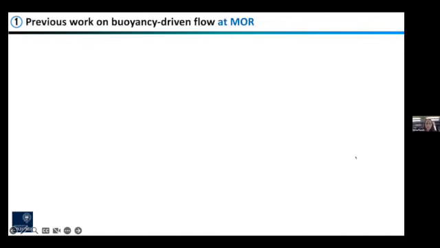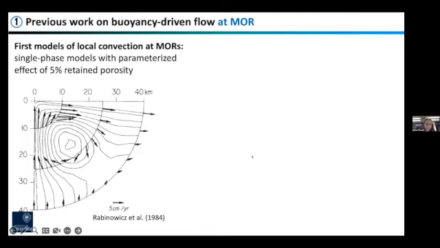So there has been some previous work on the topic. Of course, this idea has been investigated all the way from the 1980s. This is a study by Rabinowicz, where probably these are the first models of local convection beneath mid-ocean ridges, and they solve for a single phase flow with a parameterized effect of 5% retained porosity.